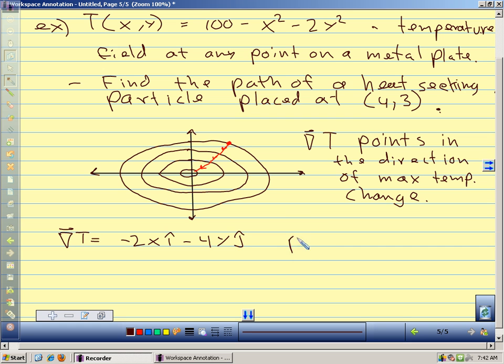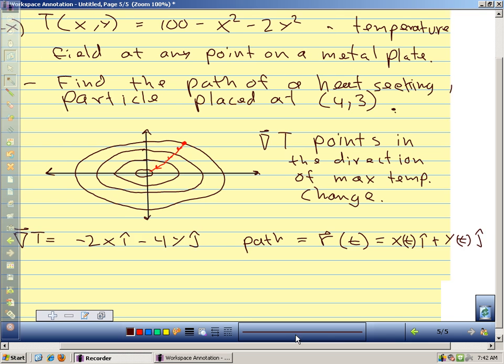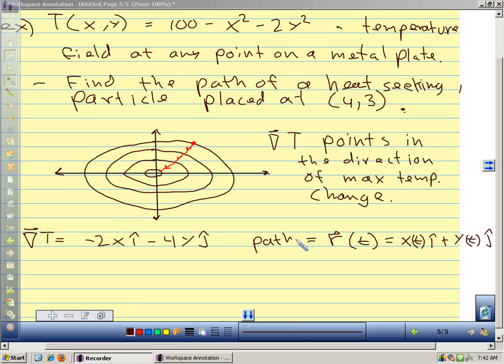Our path is going to be our position vector, r of t, is some function of x of t i plus some function of y of t j. That's our path. Anybody see where we can go with the path?